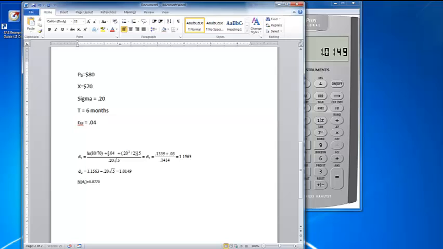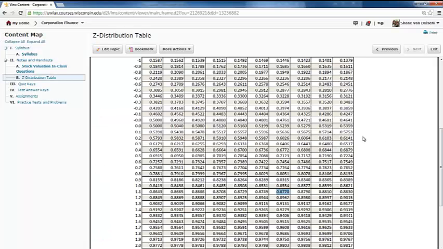Then ND2, for that we're going to look up 1.01. So I'll start at 1, this is 1.00 and this is 1.01, 0.8438.